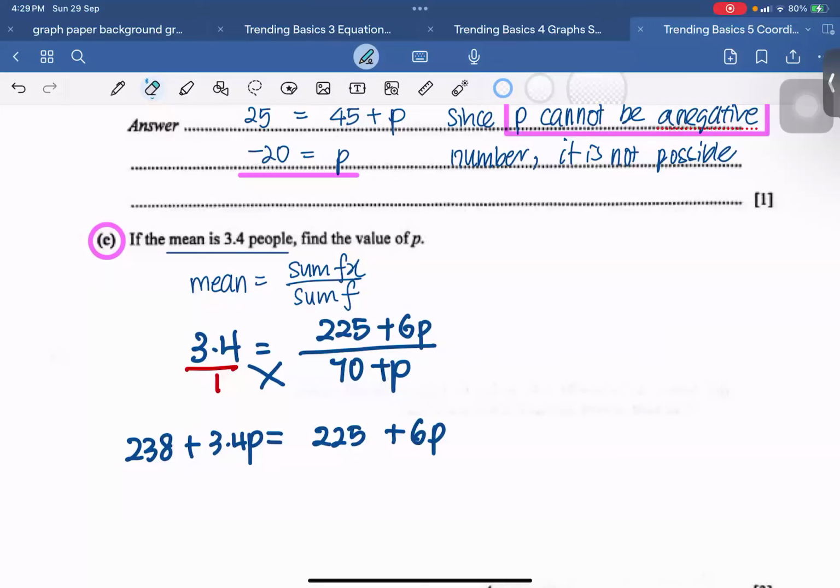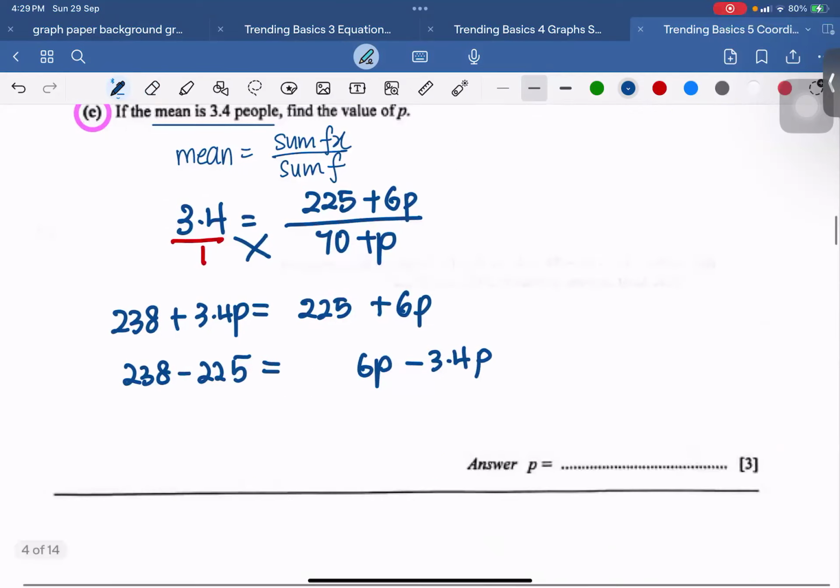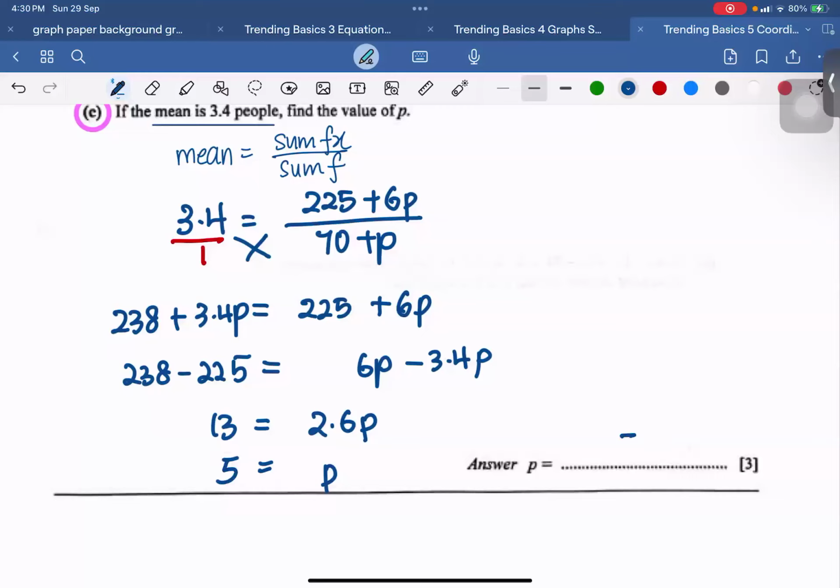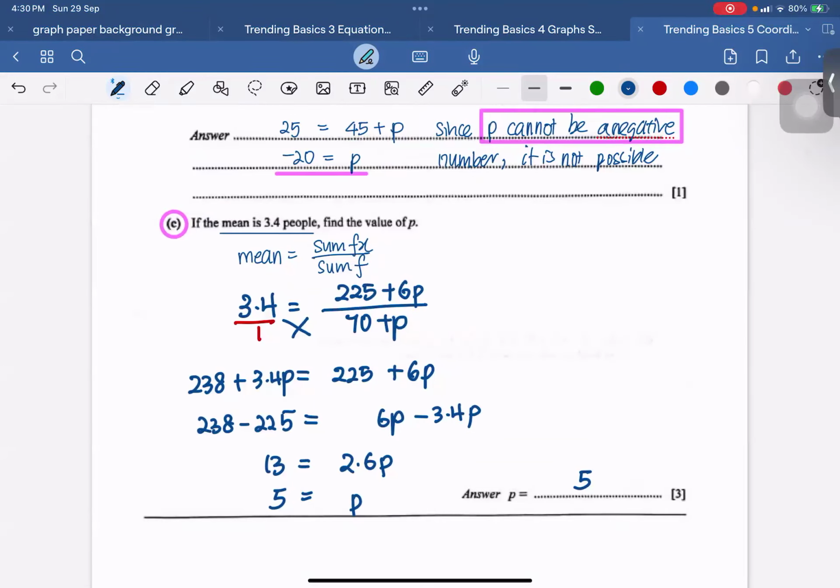Shift all the p together on one side. Calculate your answers. Divide away. Answer. Okay. This type of question, hopefully y'all can do.